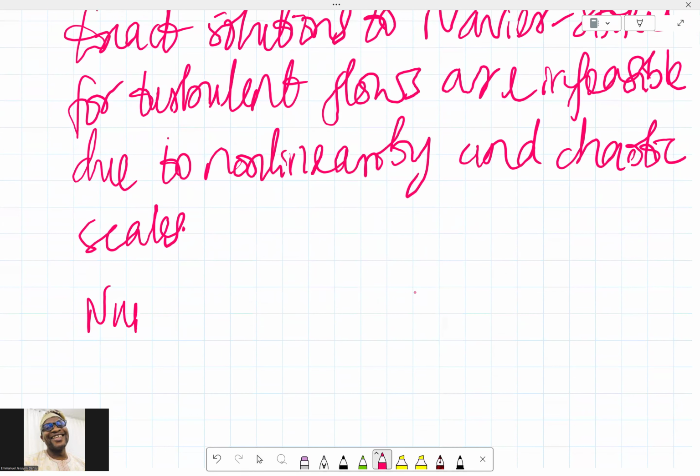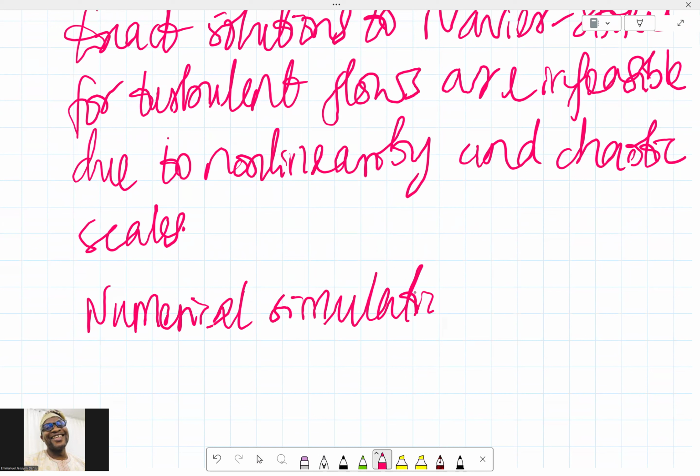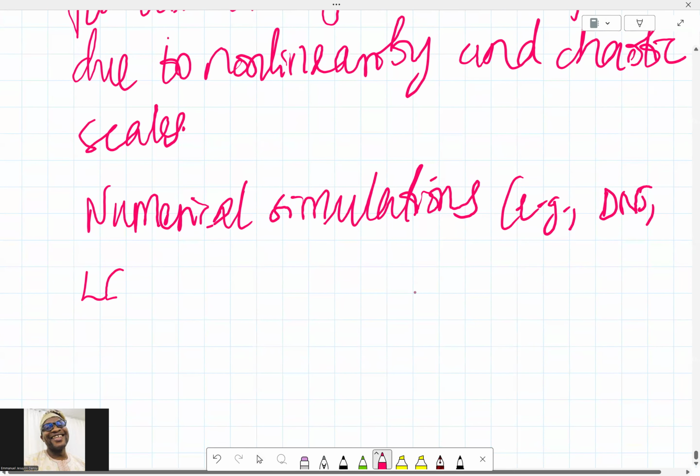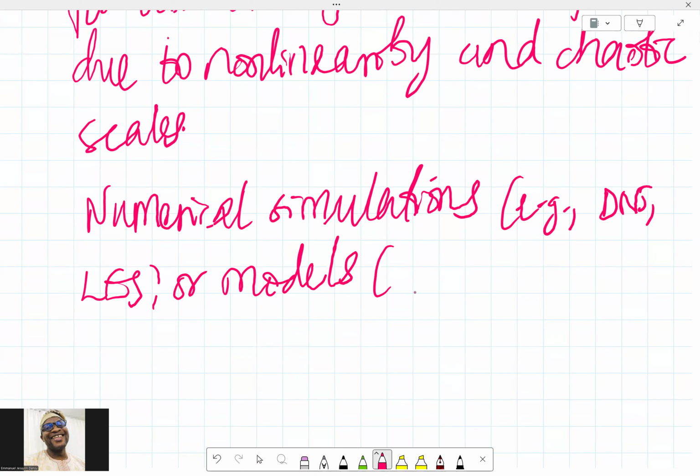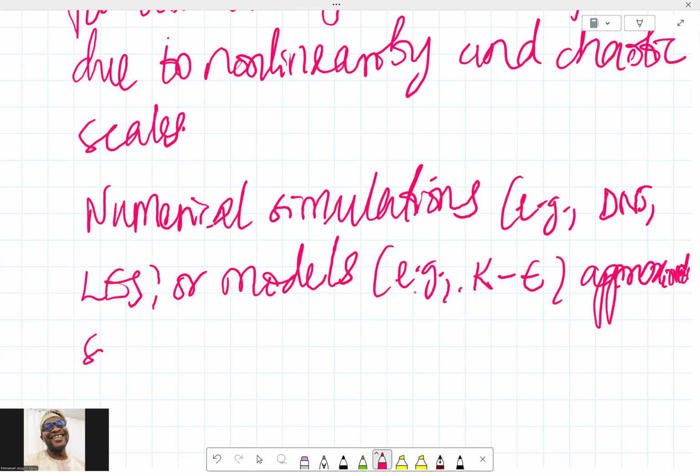So numerical simulations, e.g. DNS and LES, or models, e.g. the k-epsilon, approximate solutions will be necessary, right? In that case.